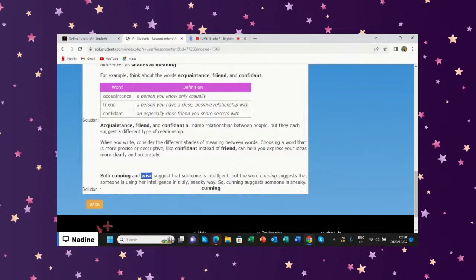If we look at both of these words, cunning as well as wise, both words suggest that someone is intelligent.